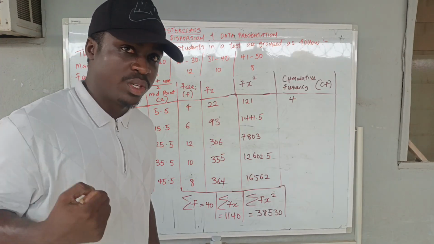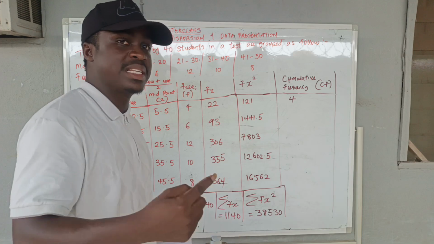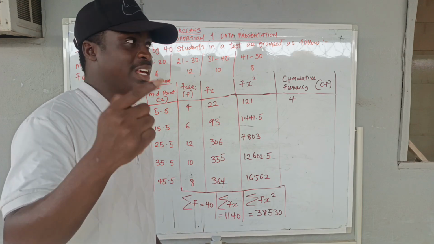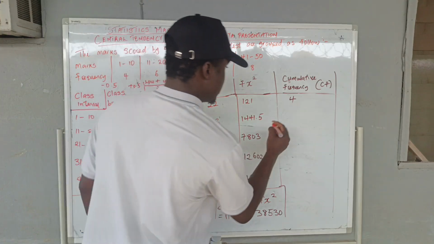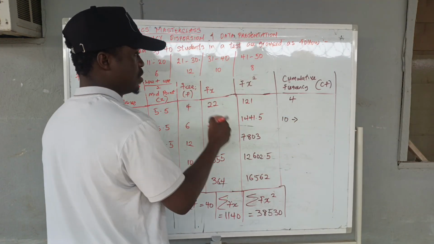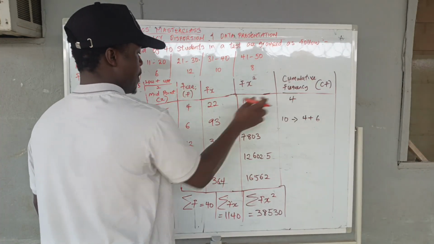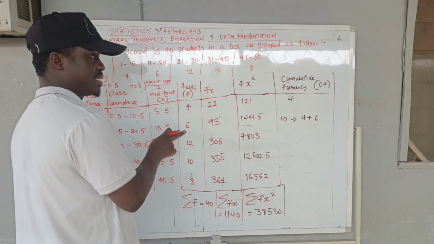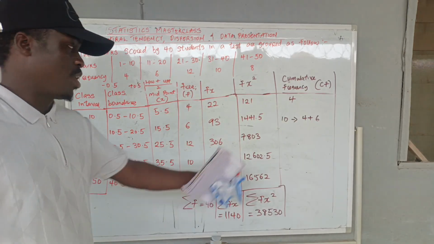That means you've not taken away the 4. By accumulating an extra 6 to the 4, you now have a new value of 10. And how did we get this 10? This gives us 4 plus 6, your cumulative frequency plus your new frequency. That's how we have gotten it.